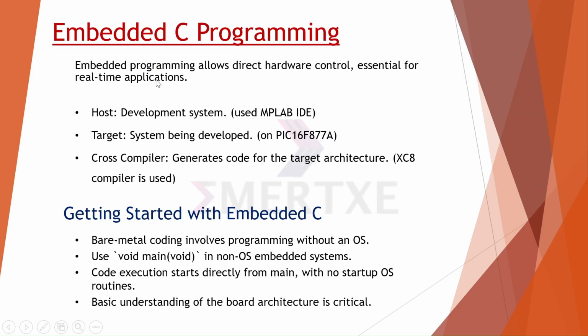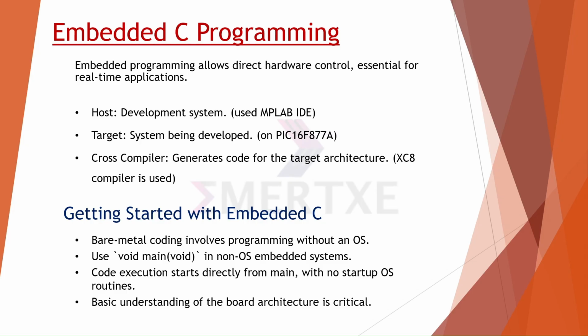Now, we will discuss the embedded C program. Embedded programming allows direct hardware control, essential for real-time applications. So we have host, target, and cross compiler. Host is a development system like the MPLAB IDE, where we can develop our program for the embedded system. For development, we use a software, an integrated development environment called MPLAB.